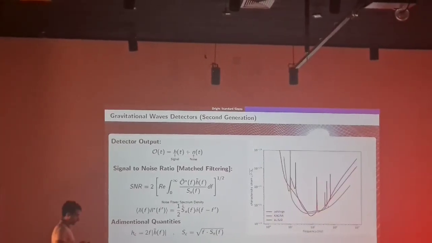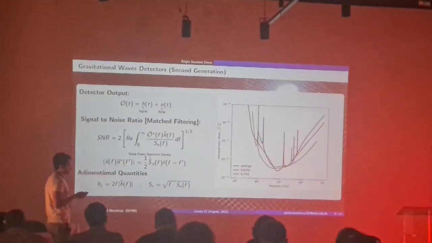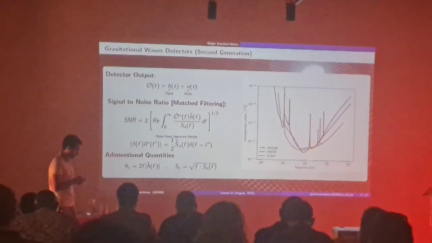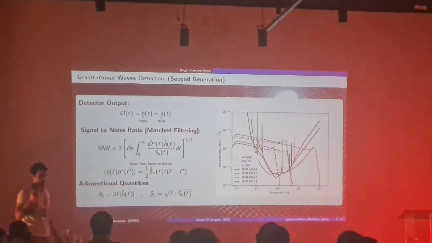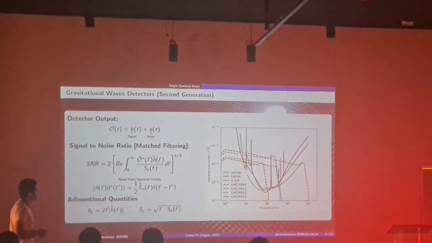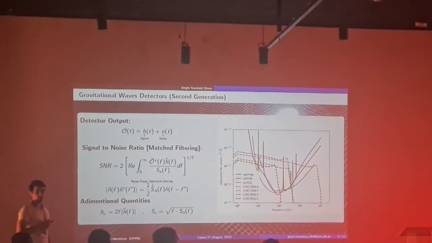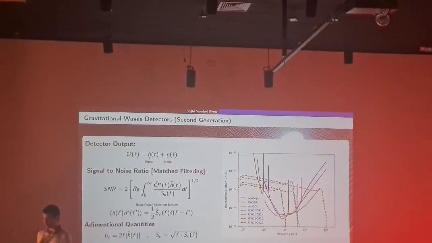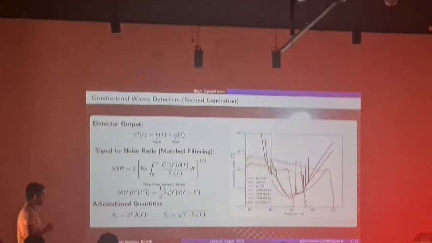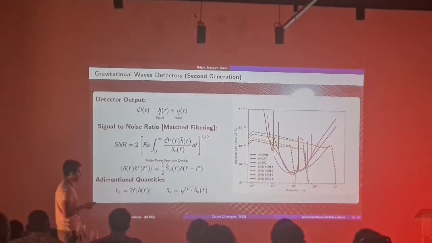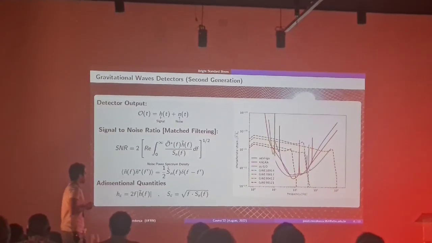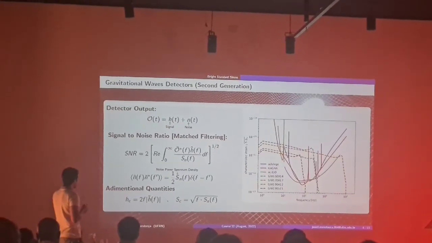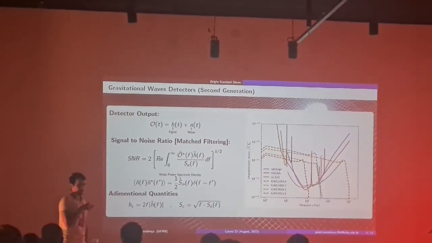With the current detectors, we have sensitivity curves with respect to frequency, and if the signal in the Fourier domain is above this curve, we have detected the gravitational wave signal. There is a threshold: if we have a signal with a signal-to-noise ratio above it, we can see a real gravitational wave in the output.